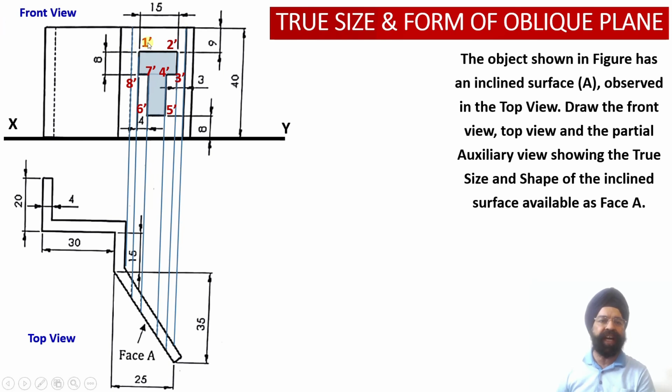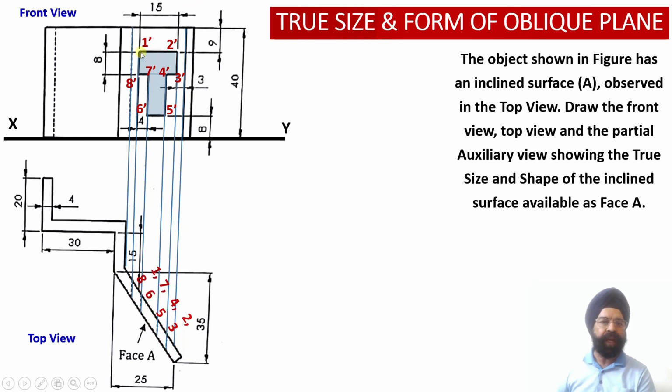So these points are 1 dash, 2 dash, 3 dash, 4 dash, 5 dash, 6 dash, 7 dash and 8 dash. Having identified and located these 8 points which define this T-shaped apparent shape surface in the front view, now we have to project these points onto the edge view projections available with us in the top view projections.